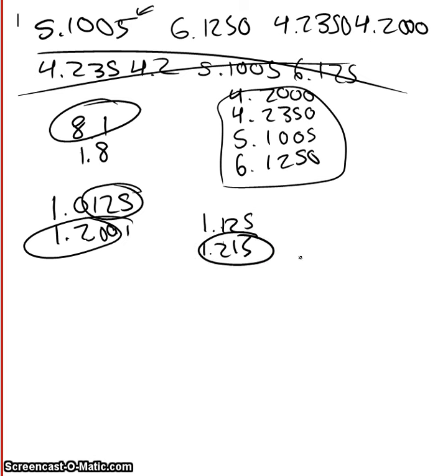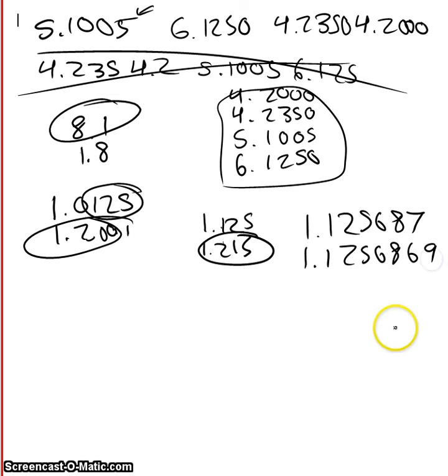And you have to go through every decimal place, even if it's something like 1.1256827, and then another one is 1.256869.